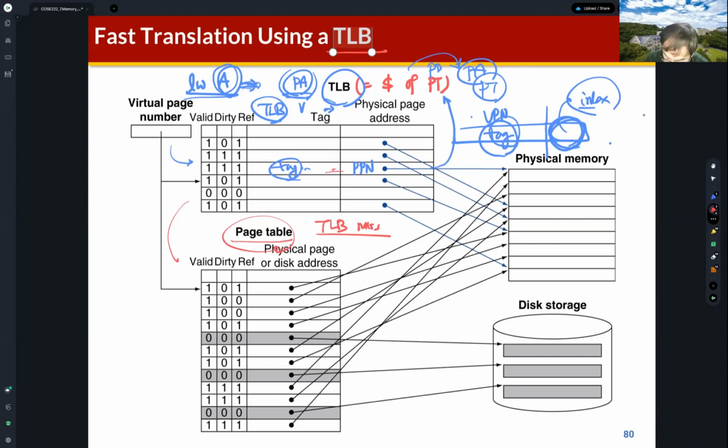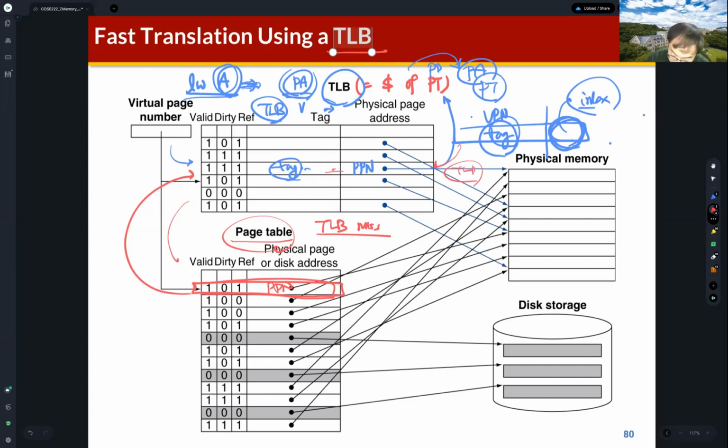Okay. Then if the page table has the valid mapping information right here, this PPN is given to the TLB, and this information is allocated in the TLB entry.